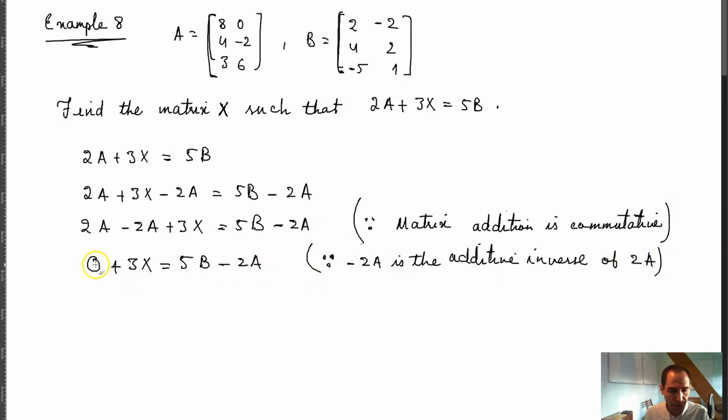When you add the zero matrix to any matrix, you always get the same matrix. And so that is 5B minus 2A.